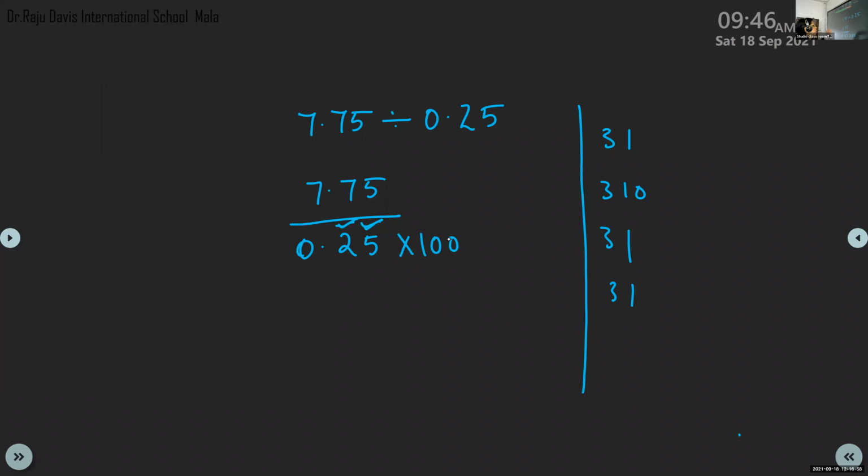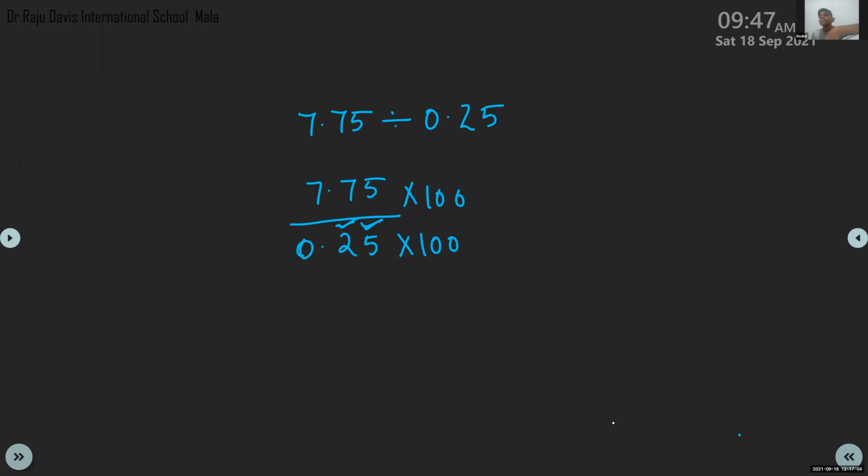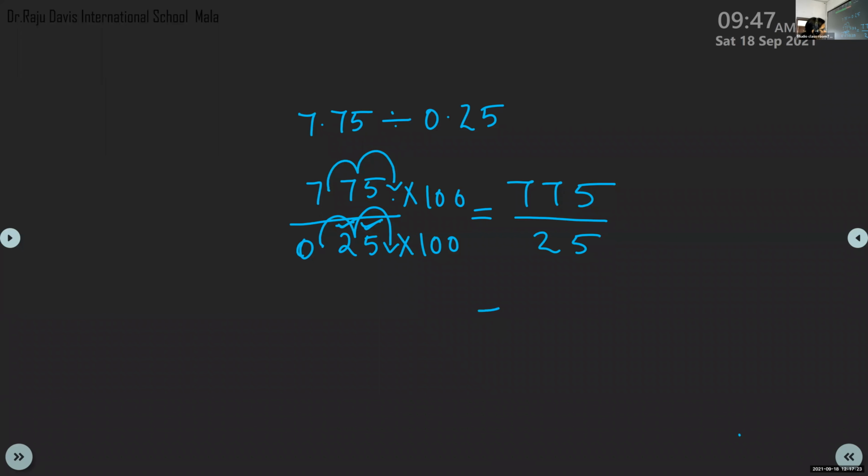Numerator also you have to multiply by 100. While multiplying by 100, the numerator will become 775, as the decimal jumps 2 places. Denominator also will become 25. So both are whole numbers, no problem. You can divide it easily.